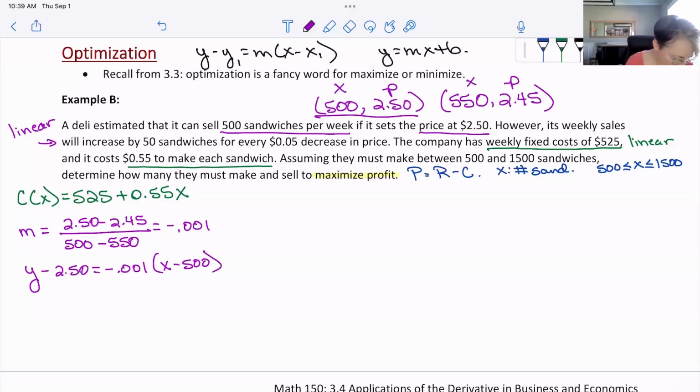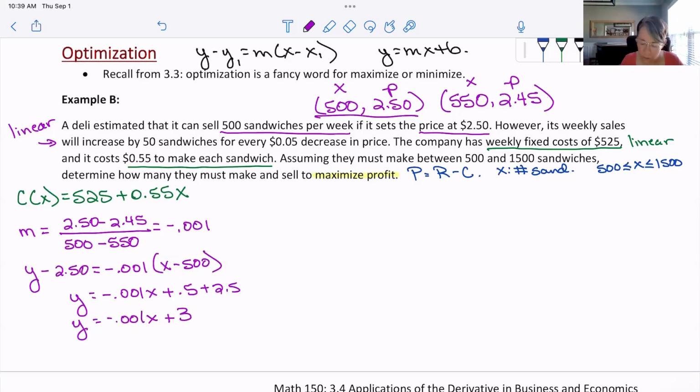So if we distribute and solve, we get y equals negative 0.001x plus 0.5 plus 2.5. So we get y equals negative 0.001x plus 3. Now again, the y here, looking up at our points, is our price. So that means we have a price formula.